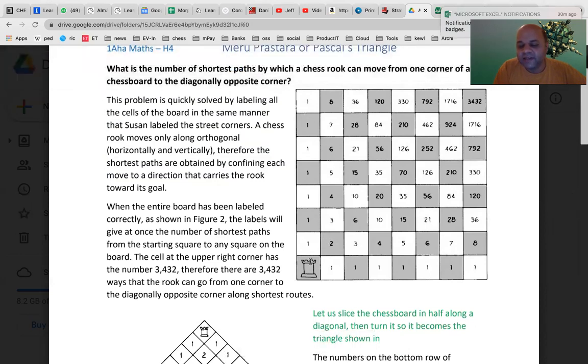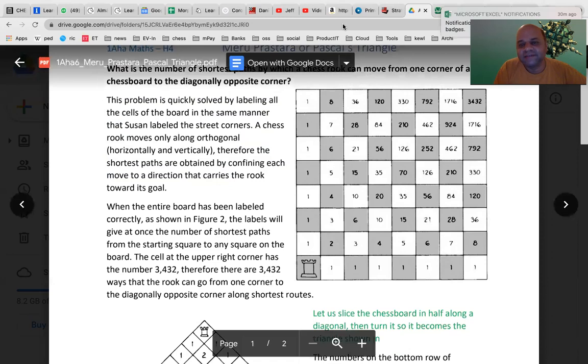Here, in how many ways can you reach it? From A1 to B2, you can go straight up and then turn right, or you can go right first and then turn up. So there are 2 ways, right?